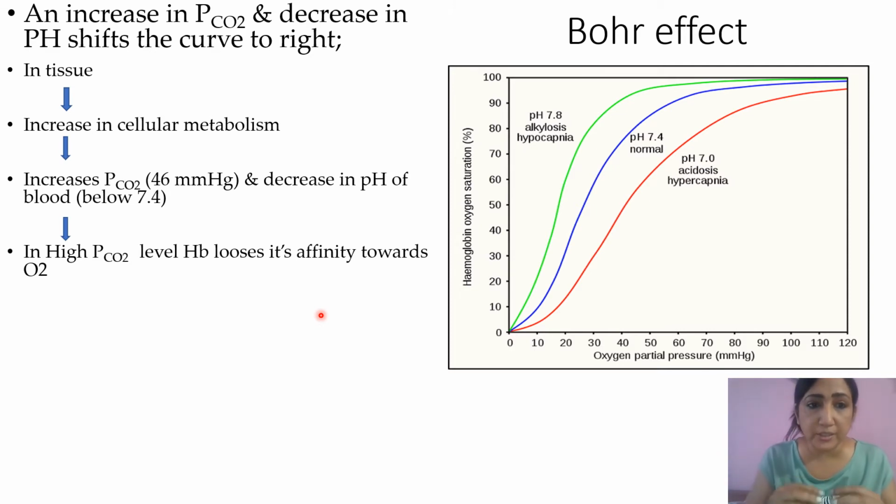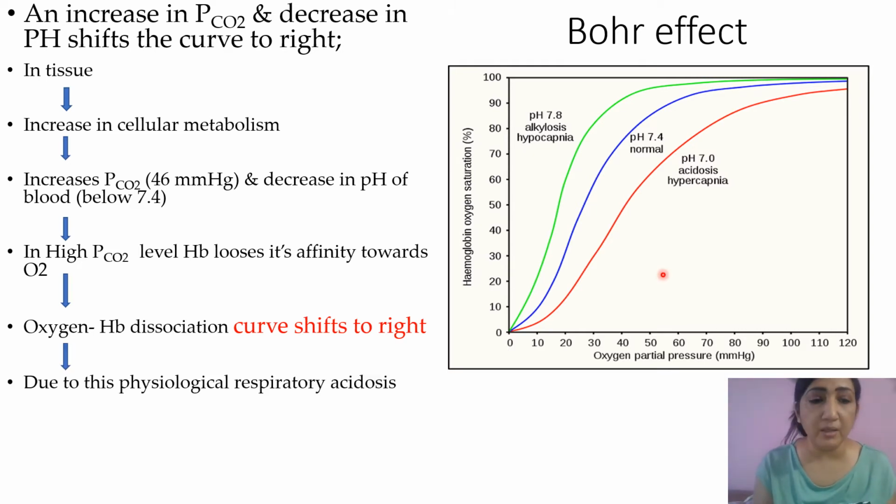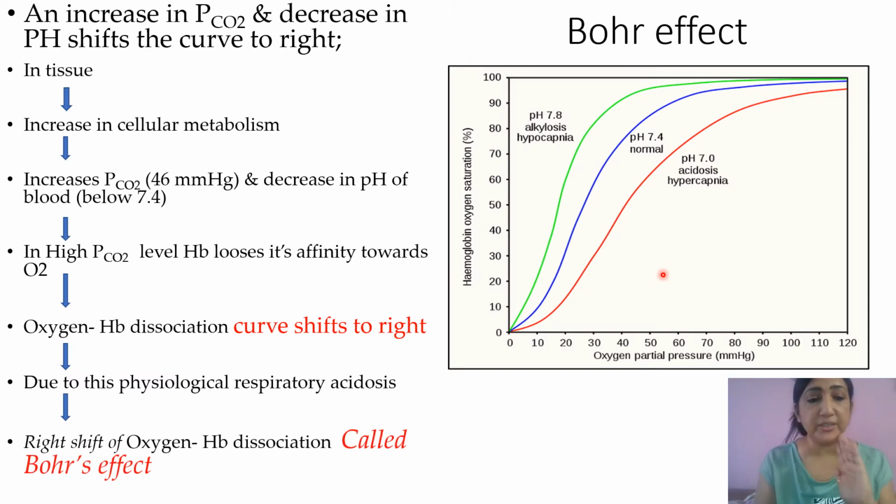Whenever it loses its association, it releases oxygen to the tissue, and the curve shifts towards the right side. Due to this physiological respiratory acidosis, the right shift of the oxygen dissociation curve is called the Bohr effect.